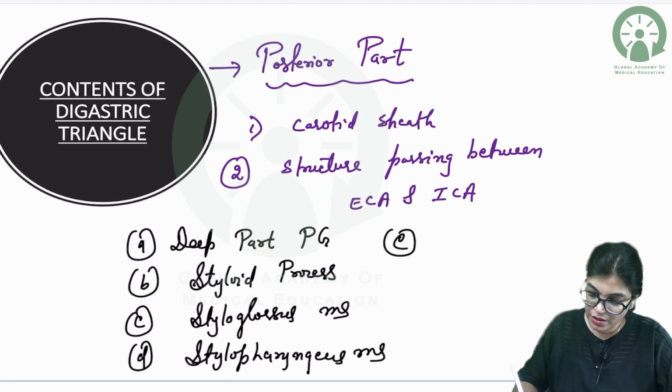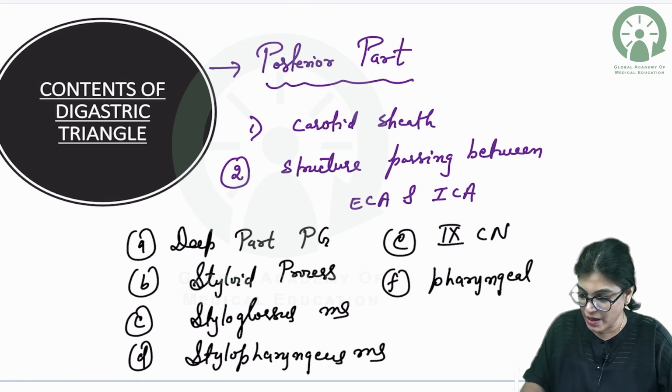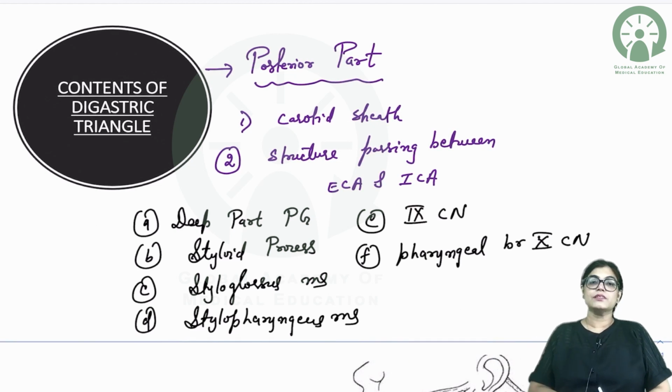Then we have got 9th cranial nerve, and pharyngeal branch of vagus nerve, 10th cranial nerve, that is the vagus nerve. And these are the structures traversing between internal and external carotid artery.